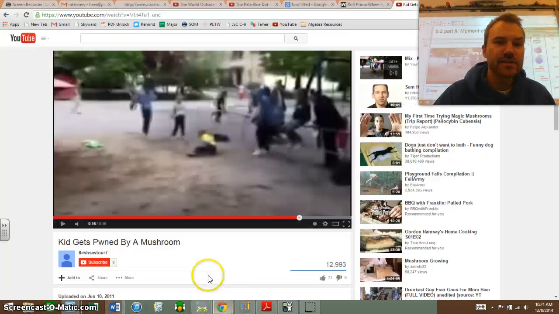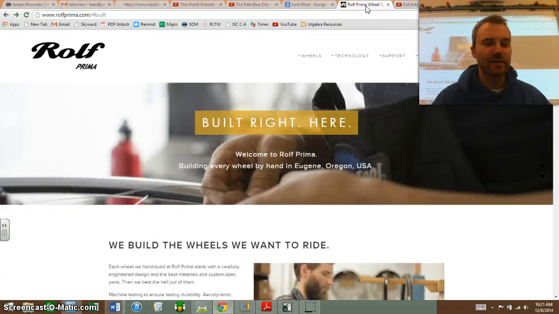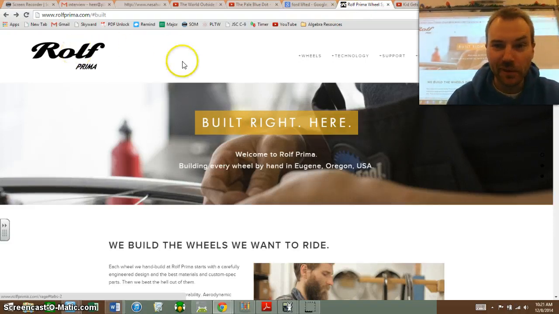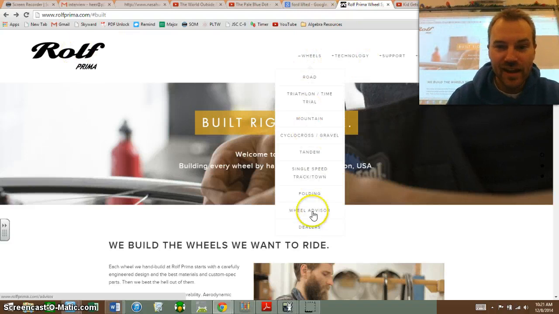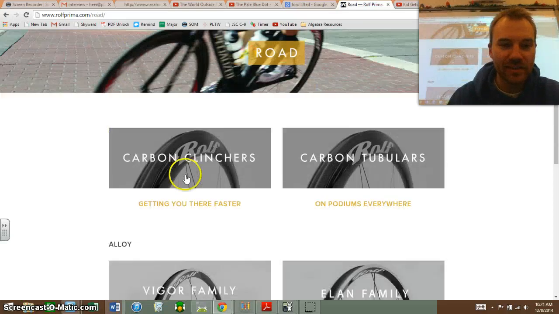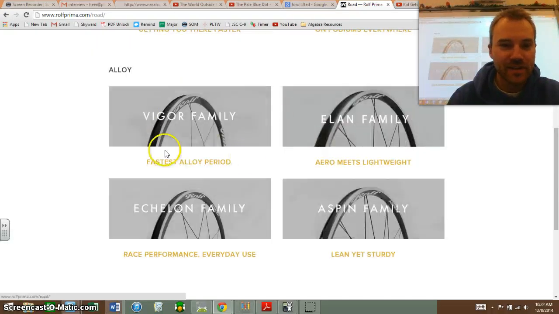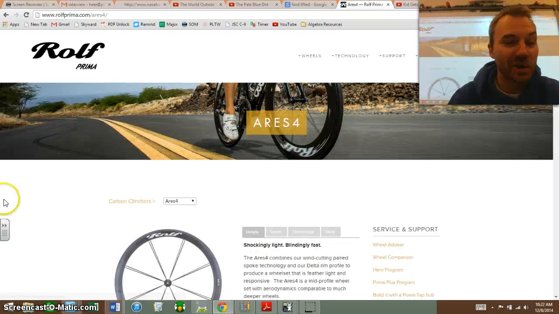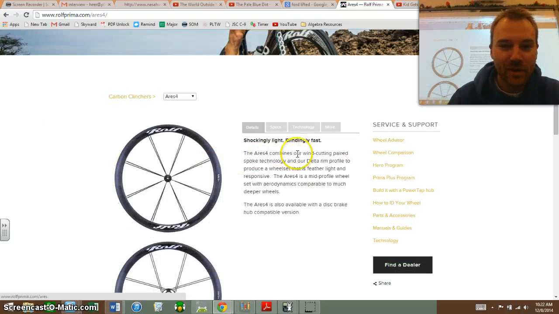Your wheels, like for instance bike wheels. I remember, I was a big biker in college, and the single greatest thing you could do to make your bike faster is better wheels. And I know Rolf made really great wheels, so I just looked up Rolf road wheels, and there are all different types, alloy wheels, carbon wheels. We'll get the top of the line just so I can show you. So these are wind cutting spokes.